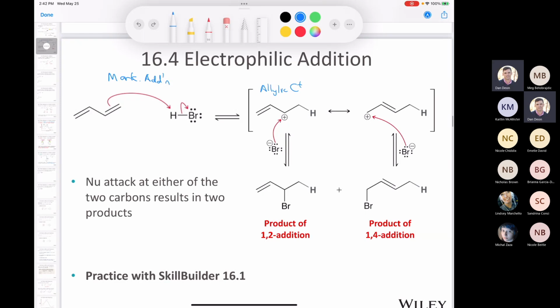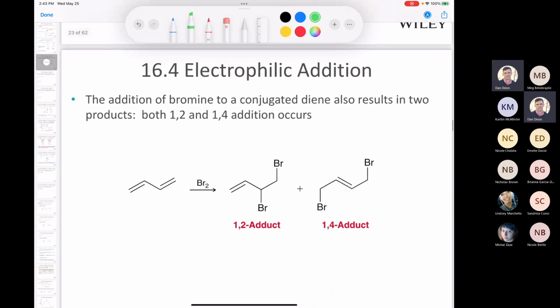If it attacks at this carbon that I have highlighted in yellow, you get the 1,2 adduct. And if it attacks at this carbocation that I have highlighted in green, you get the 1,4 adduct. So the product of 1,2 addition we call the 1,2 adduct, and the product of 1,4 addition we call the 1,4 adduct. You can see that summarized right here.